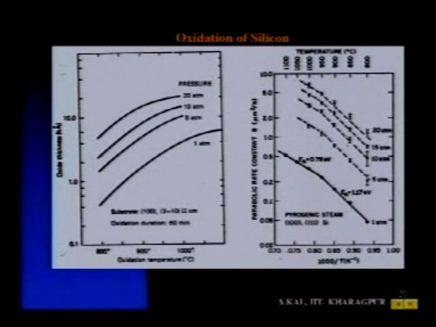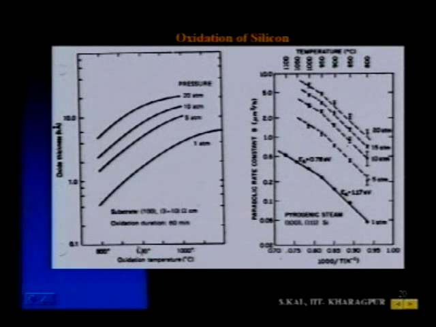Next view graph. You can see two view graphs are shown in this slide. One is again oxide thickness versus temperature, for the same time fixed here at 60 minutes. Time is constant at 60 minutes, and you are increasing temperature from 700, 800, 900 to 1000 degrees centigrade, and also at different atmospheric pressure: 1 atmosphere pressure here, this is I think 5, then 10, then 20.